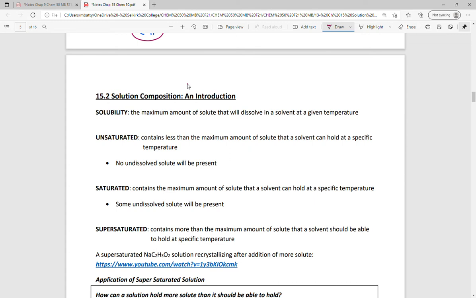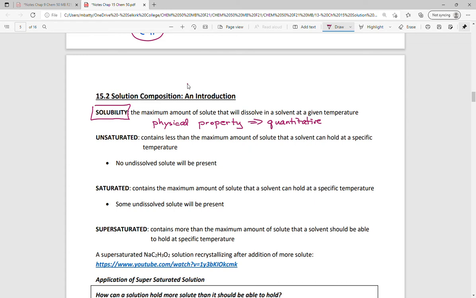So to get off the bat here, solubility is a physical property. It is a definition, it's a numeric value, so it's a quantitative physical property that basically sets a limit on how much of something can dissolve in a particular solvent at a given temperature.